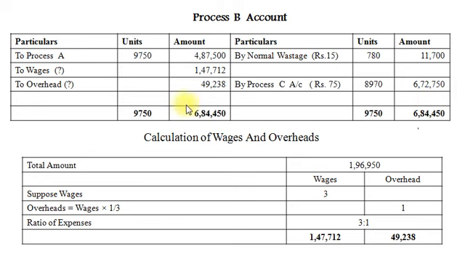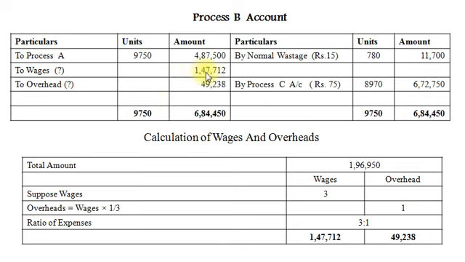So now by closing process B account, we will get balancing figure 1,96,950. This represents wages and overheads in the ratio 3:1. So wages amounts to 1,47,712 and overhead amounts to 49,238 will be recorded as an expense in process account B on debit side.